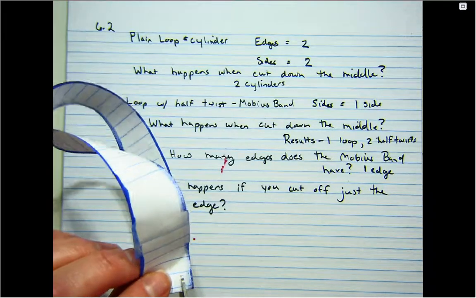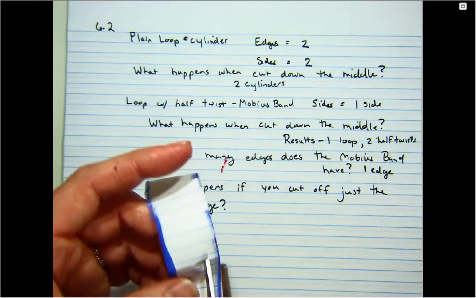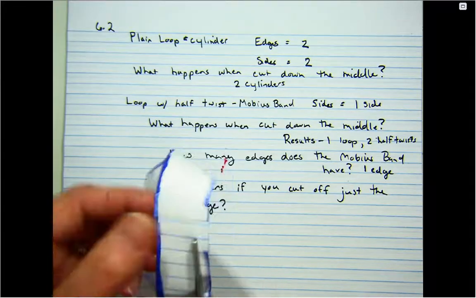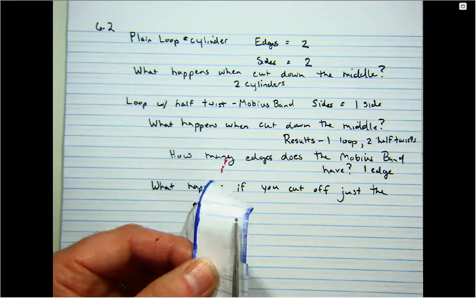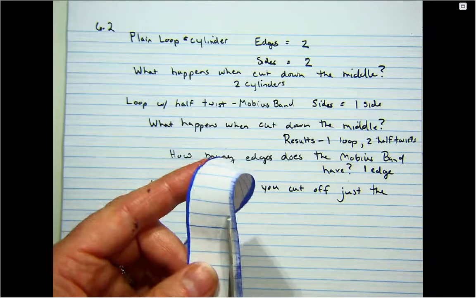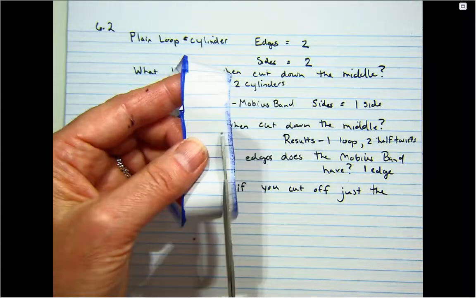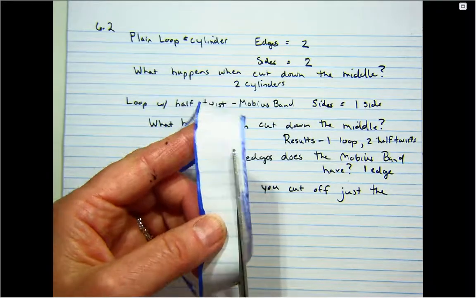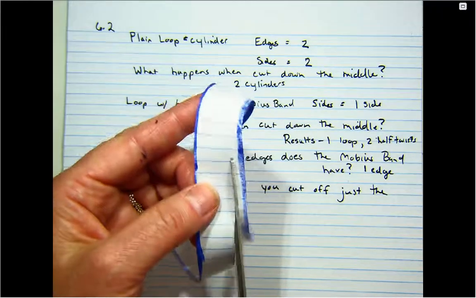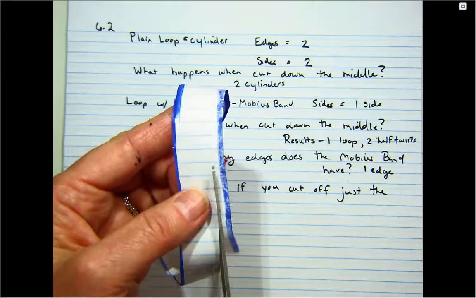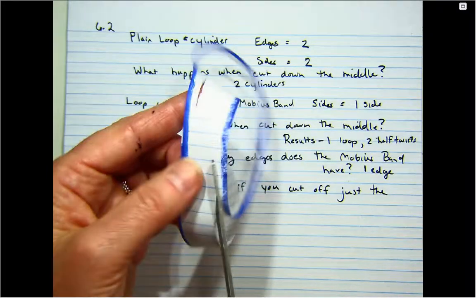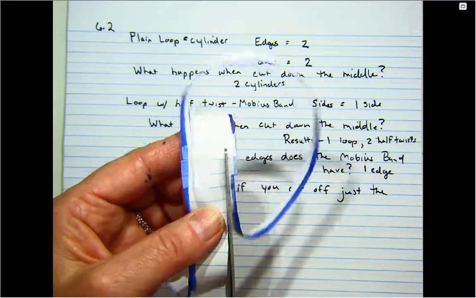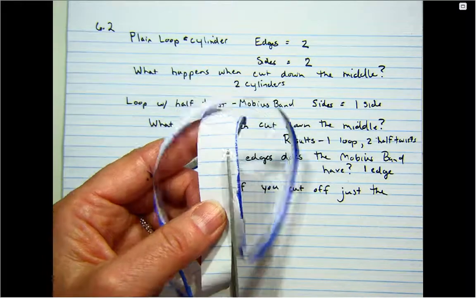The other thing to be careful is that you don't accidentally cut through the edge. So just stay close to the edge there and cut the edge off carefully without cutting through the edge. See, we have one edge, and we're cutting it off.